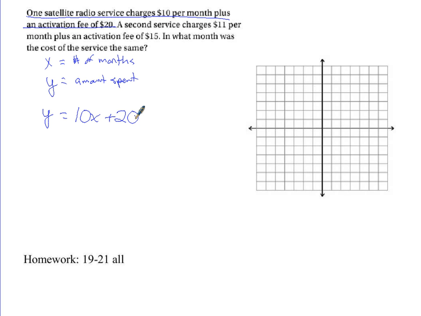There's your equation. And in red, we'll do Bob's satellite radio service. $11 per month this time, plus that $15 activation fee. Okay, there's our two equations. Now we just graph them. What are we going to do?